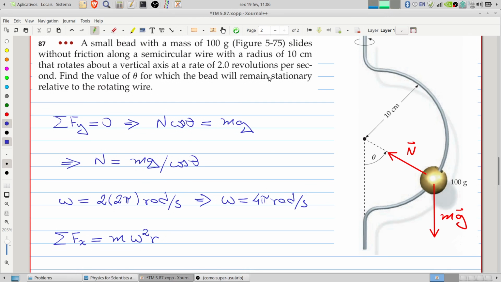We can call it r here, and the radius here is the radius of the movement of the bead. So let's write it. r equals the radius of the wire, projected with sine of theta.